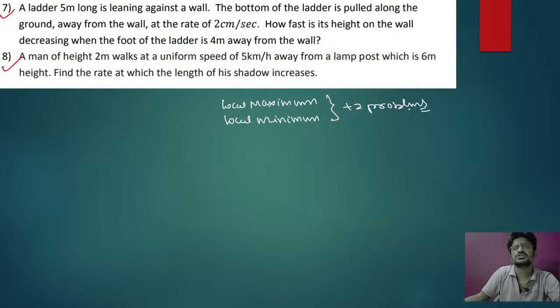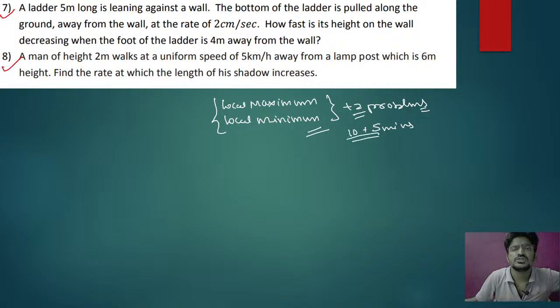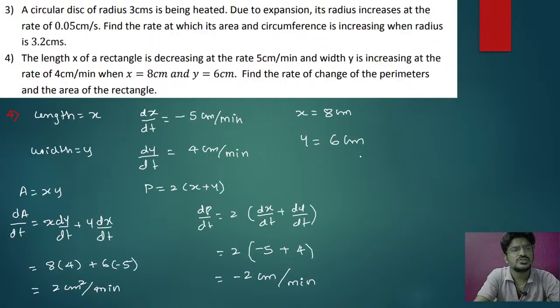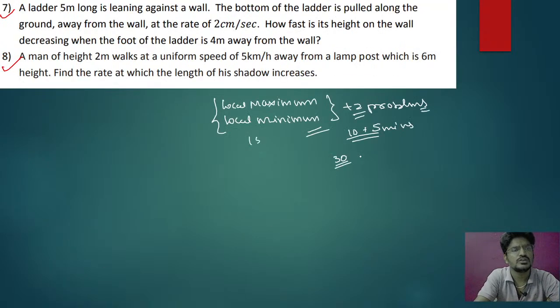I think 15 or 20 minutes for local maximum and local minimum, and these two problems also take some 5 or 10 minutes. We will get minimum 30 minutes, so tomorrow also we can take a 30 minutes class. Otherwise tomorrow it will be a very small concept to explain. So because of time I will do it tomorrow.